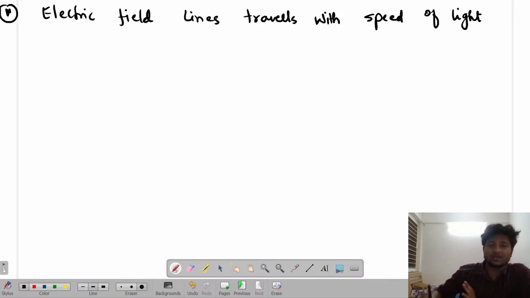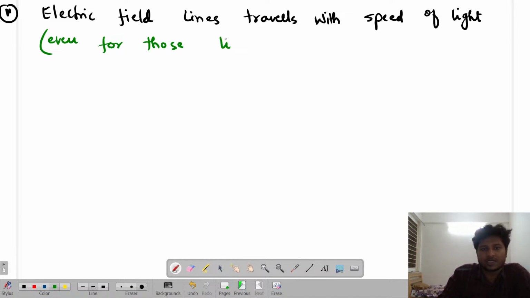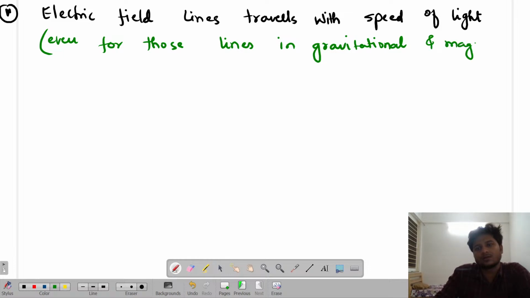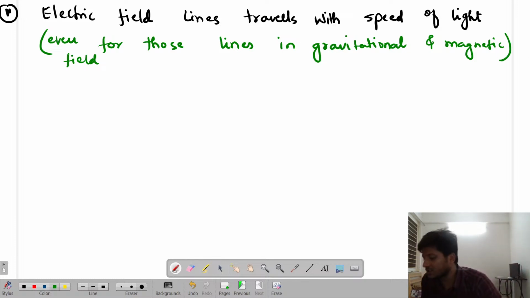Whether it is electric field lines, even for those lines in gravitational and magnetic fields, the first property is this only, that field lines travel with the speed of light.